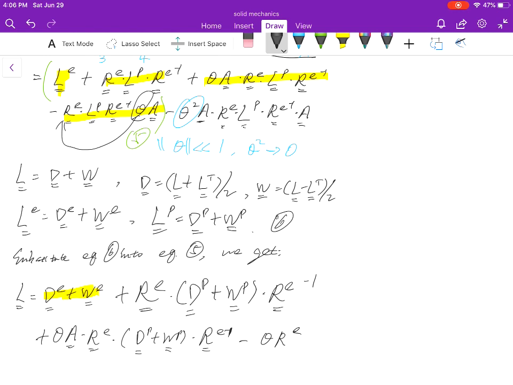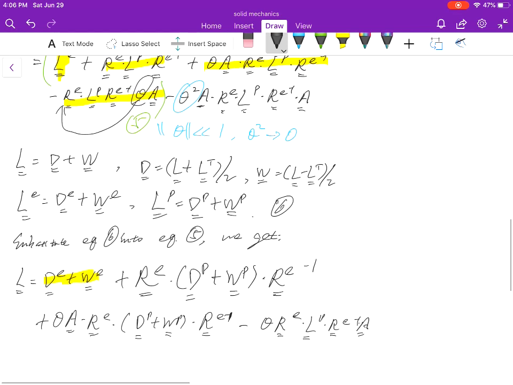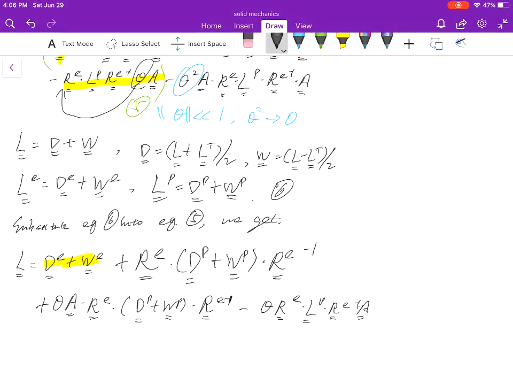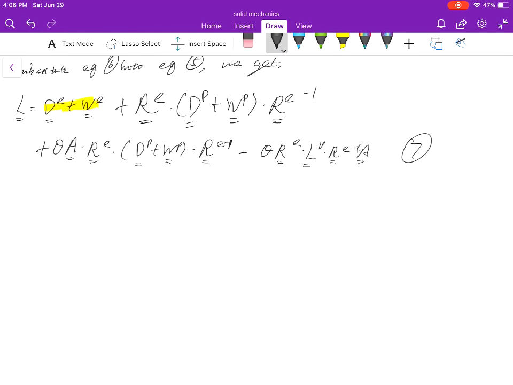So we have this LP RE inverse A. And because of this, now we have this term. This is equation 5. After we substitute equation 6, we get this equation 7. We name this as equation 7.